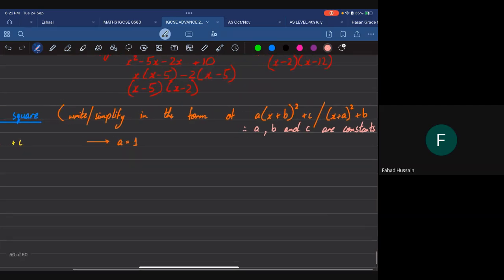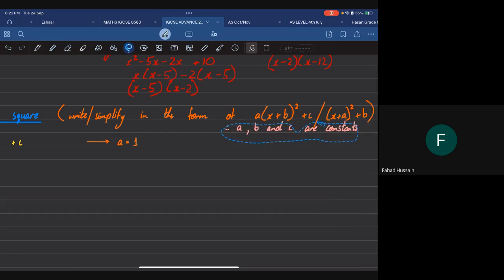So if the examiner tells you that you're supposed to write it in this form, now usually it is a very lucky day for a student if the examiner says use completing the square. But that very rarely happens. I think I've seen it like 2, 3 times, and if I've seen it 2, 3 times, there's a high chance that you guys will probably never see it.